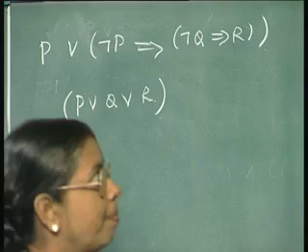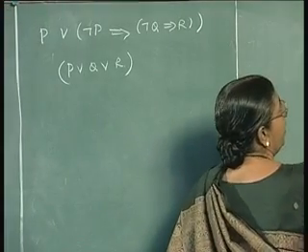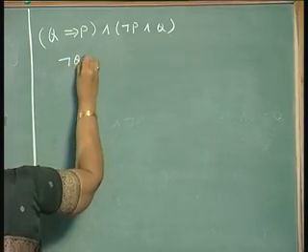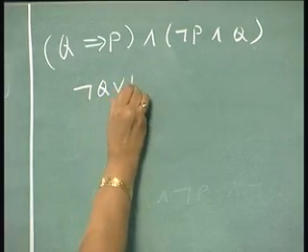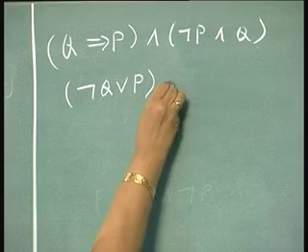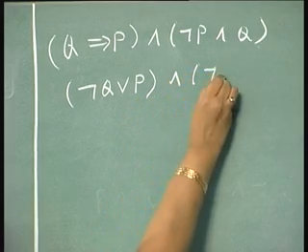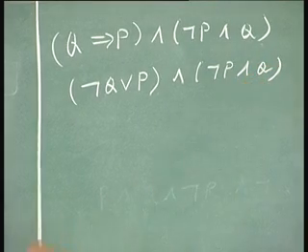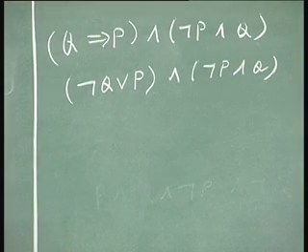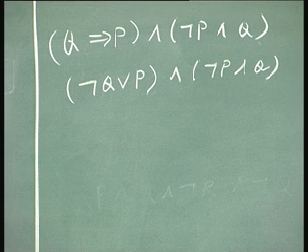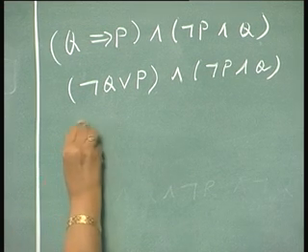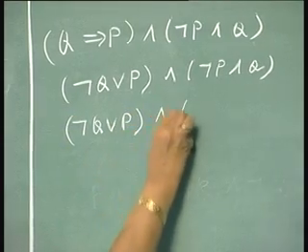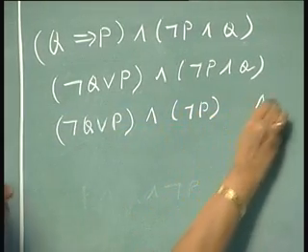Let us consider one more example, Q implies P and not P and Q. This you can write as not Q or P, this is a max term, and not P and Q.